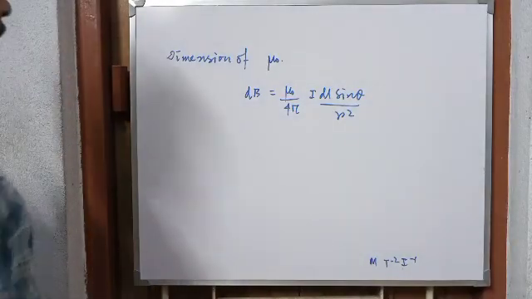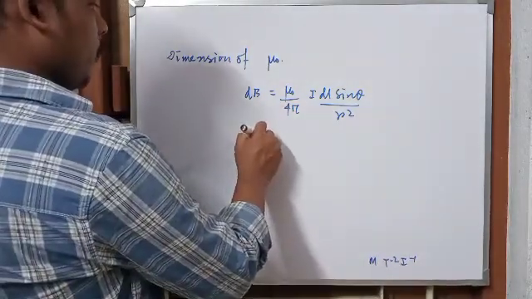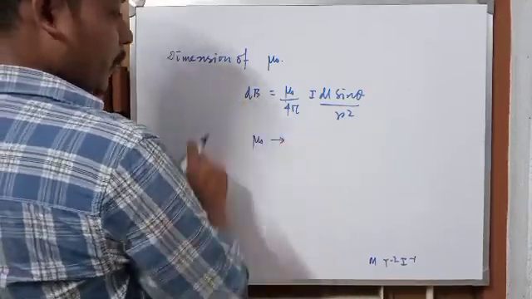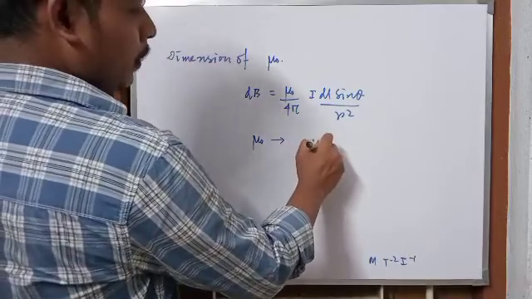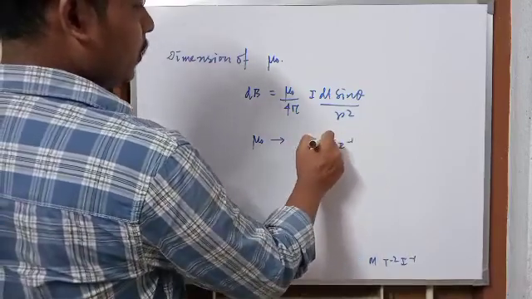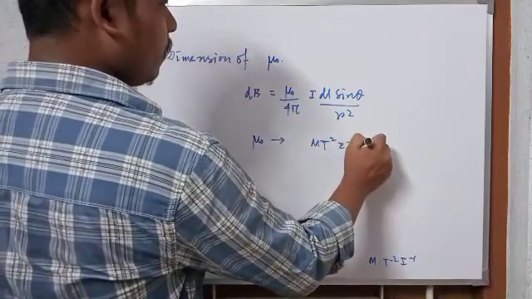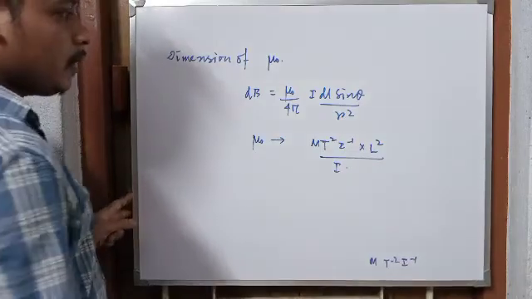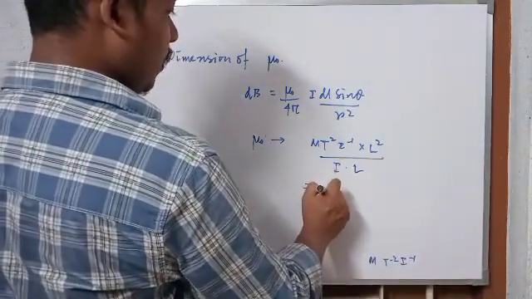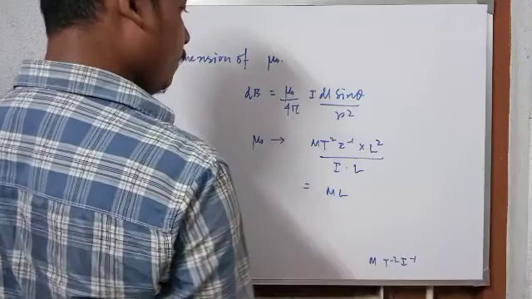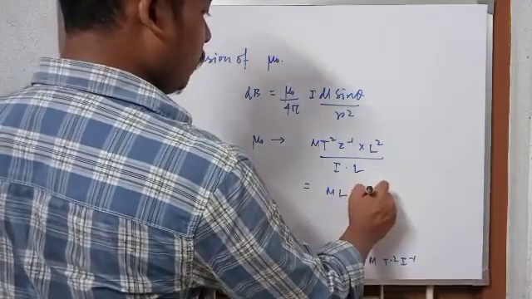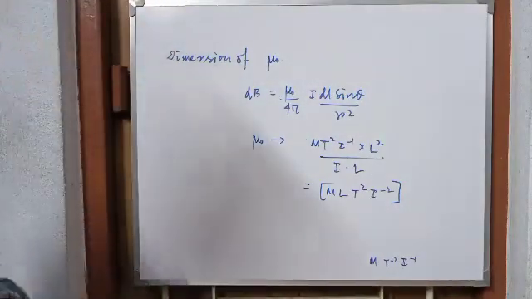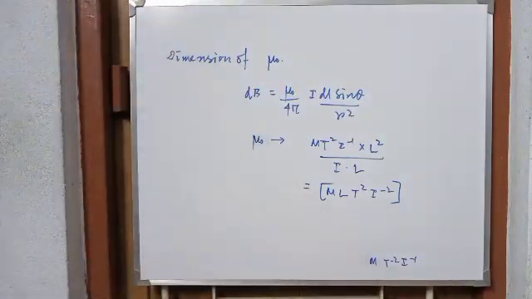So the dimension of mu naught will be the dimension of dB, the magnetic field, M T to the power minus 2 I inverse, into r square, L square, by I dl, which is I L. So M L T to the power minus 2 I to the power minus 2. This will be the dimension of mu naught.